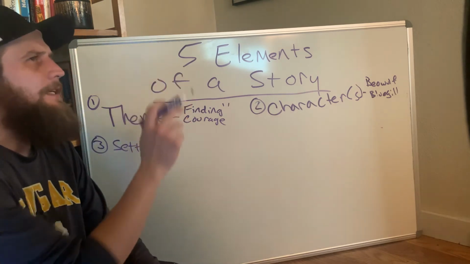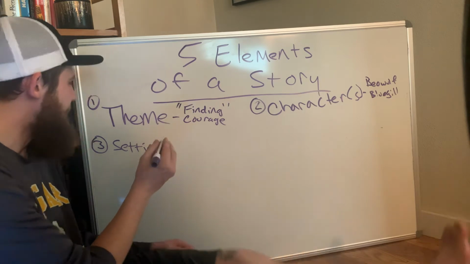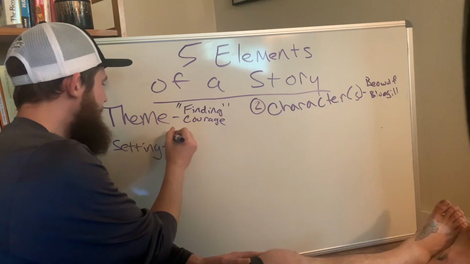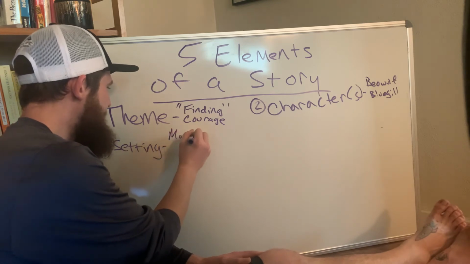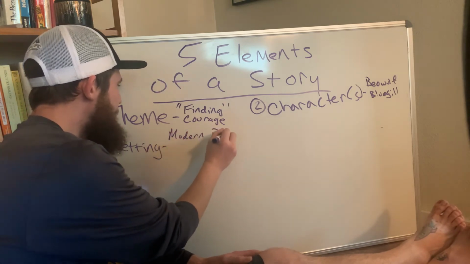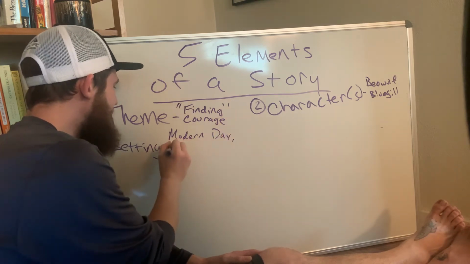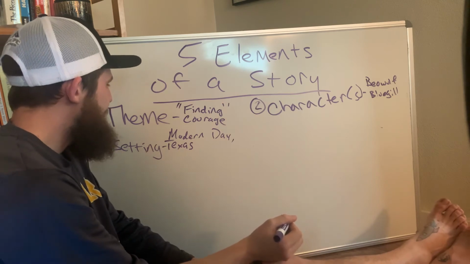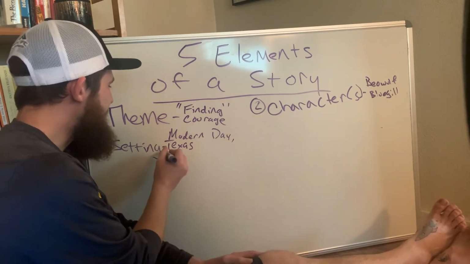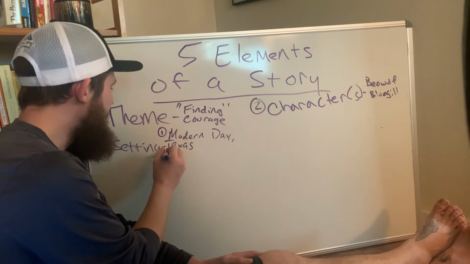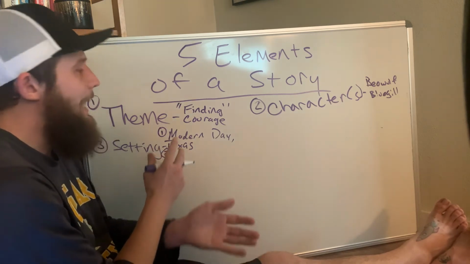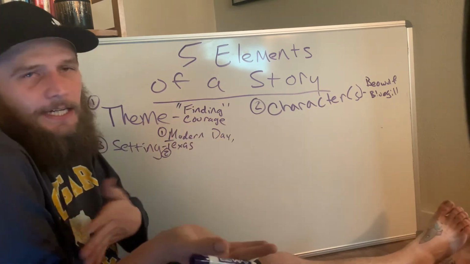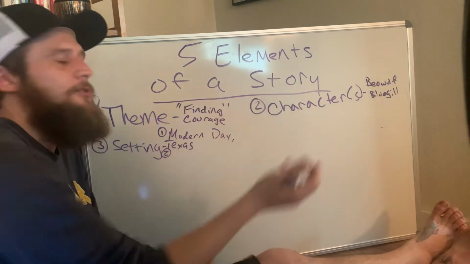So for me, when we did our last lecture, I think I said that I wanted the setting in the first half of the book to be modern day, okay, Texas. And then in the second half, I could keep the whole story there, but it's going to be interesting if I change the setting somewhere through, just like in Harry Potter, they changed the setting to introduce a new world.